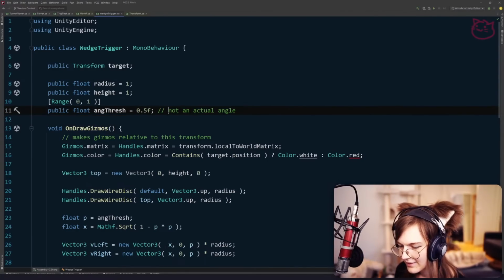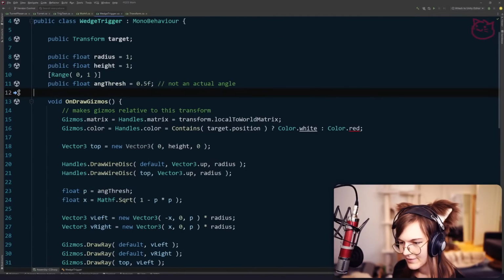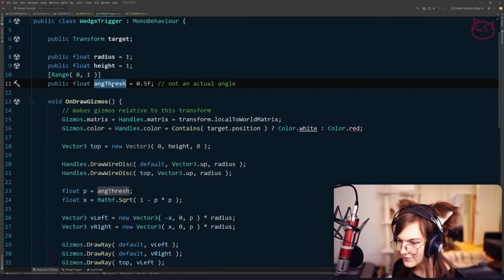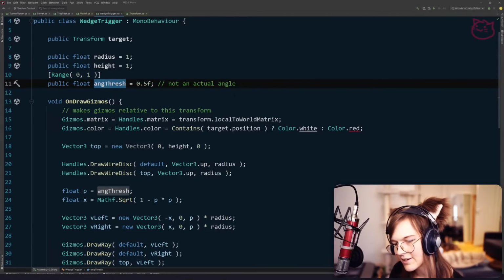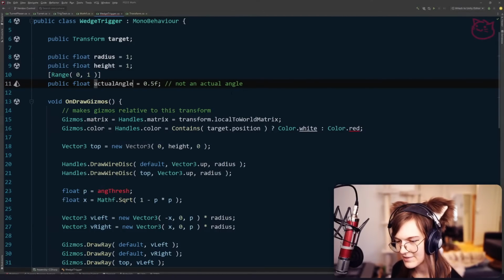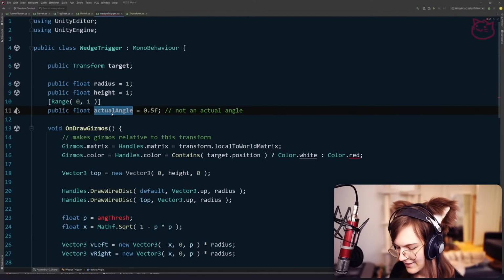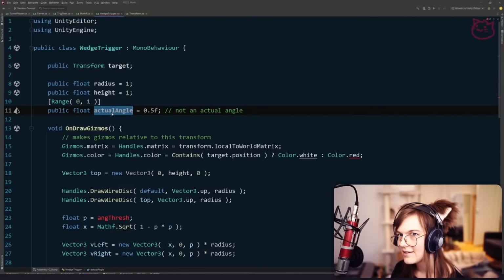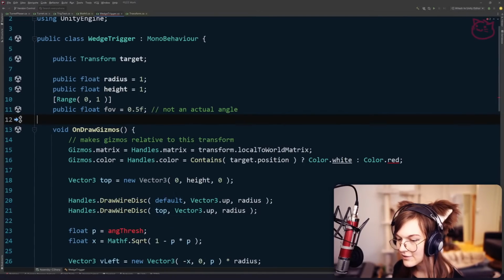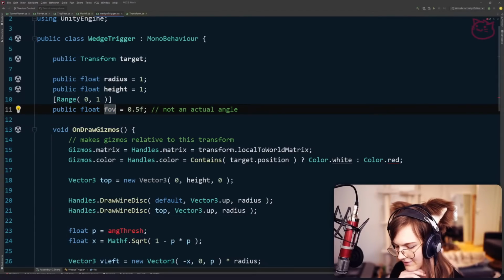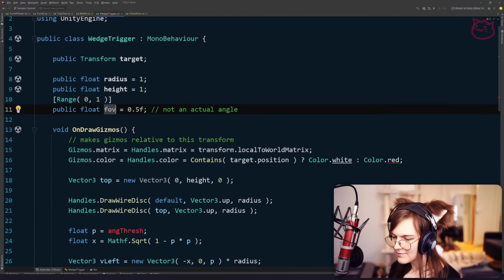Okay, so instead of an angular threshold, we now want to use an actual angle. I don't know if we should call it actual angle or something else, but this is the field of view, right? So let's call it field of view. And this is in degrees, probably.